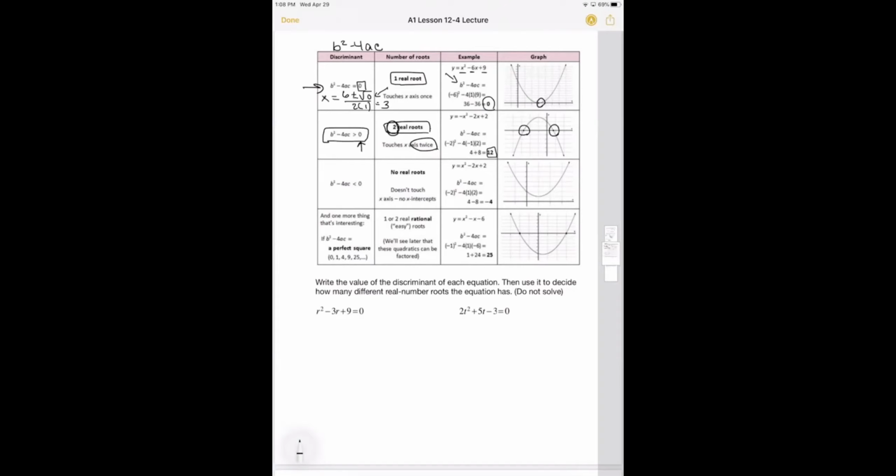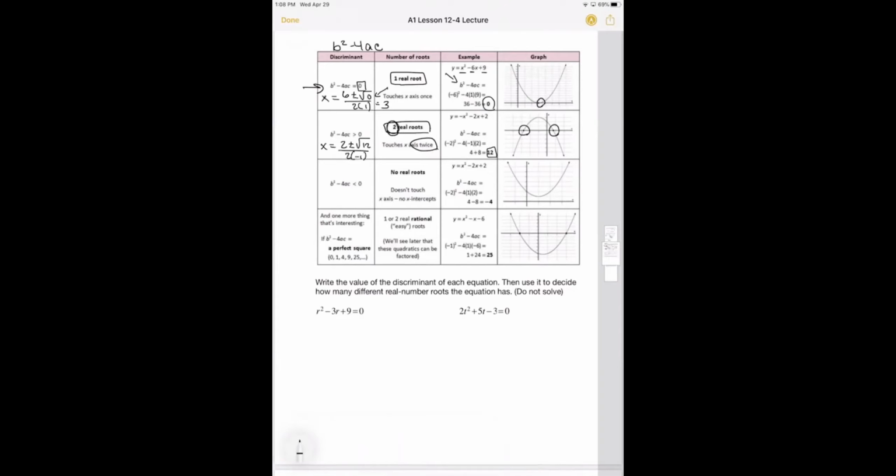And that makes sense. Let me go ahead and erase right here so I can show you. If we were to solve this equation and give an answer, we get -b, so x equals, the opposite of b would be 2 plus minus, well, we know it's root 12 over 2 times a.